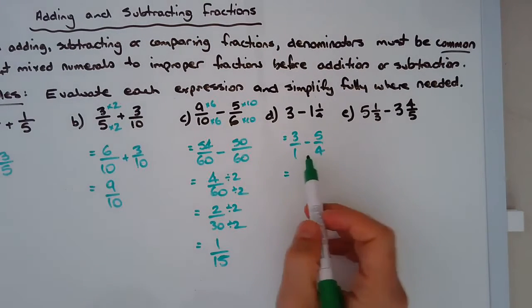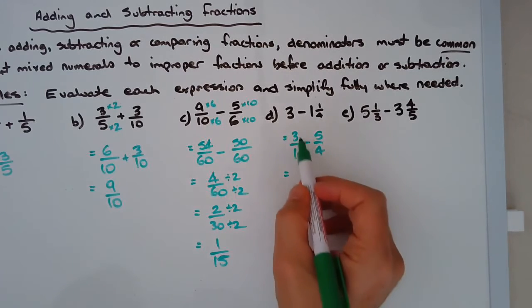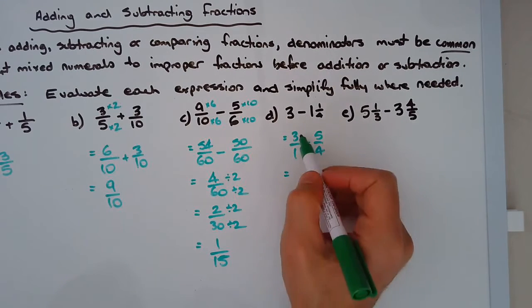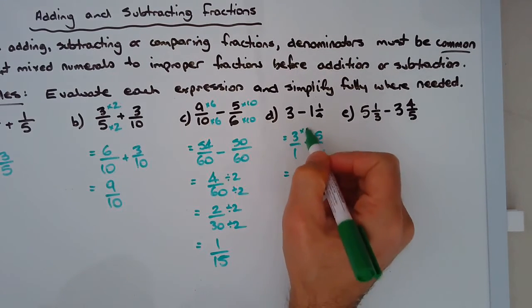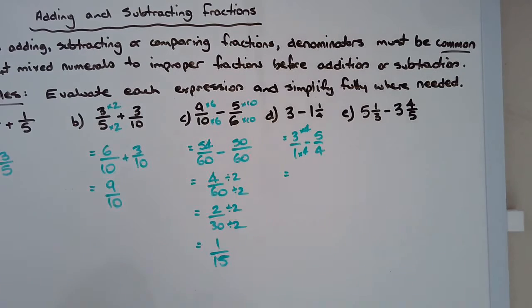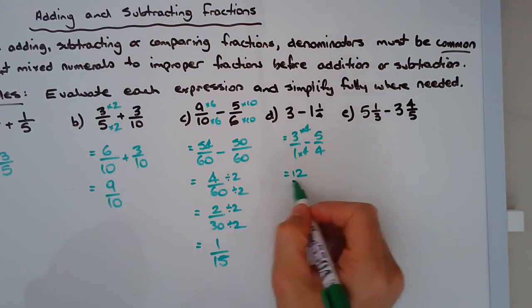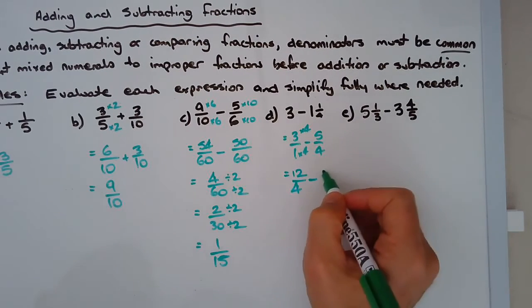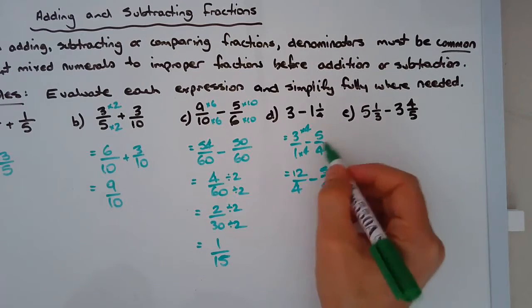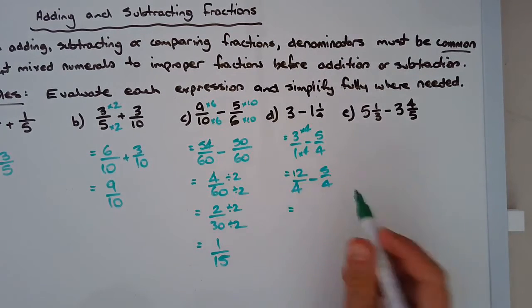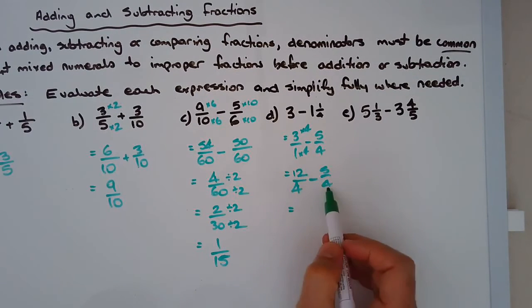Now we need to convert the denominators into common denominators. We can take the first fraction and multiply the entire fraction by 4, as in numerator and denominator multiplied by 4. 3 times 4 is 12. 1 times 4 is 4. Minus 5 over 4. Nothing we need to do to the second fraction. Now, denominators are common.